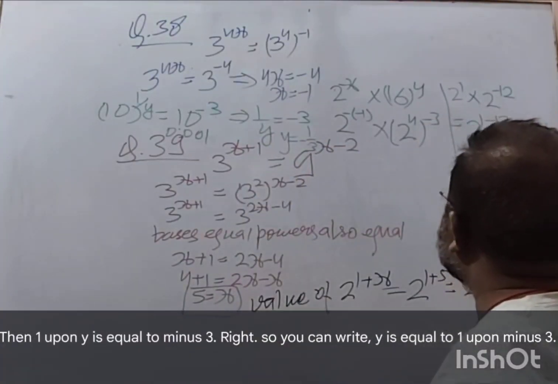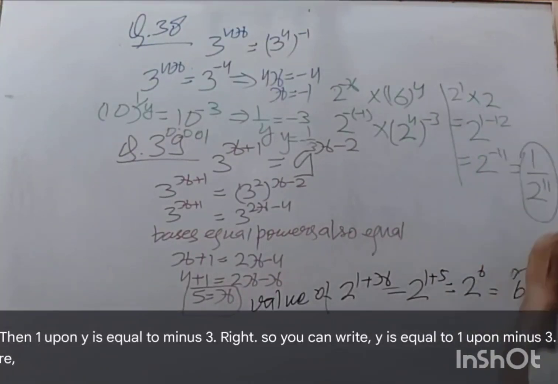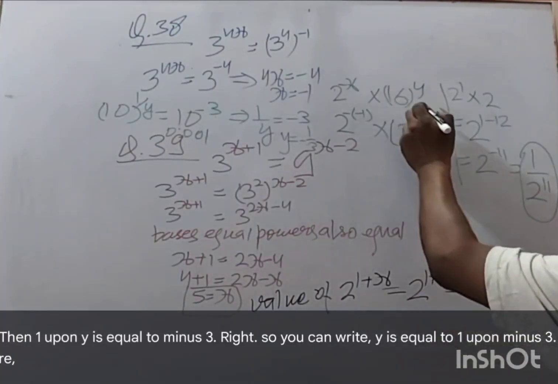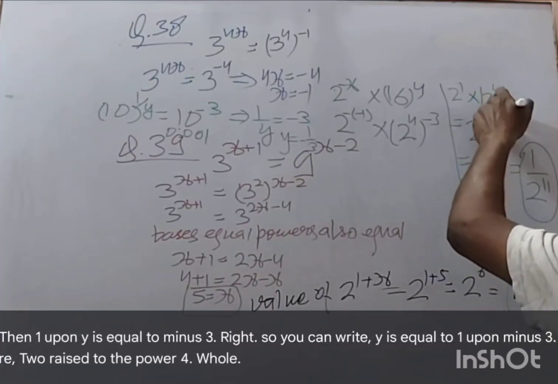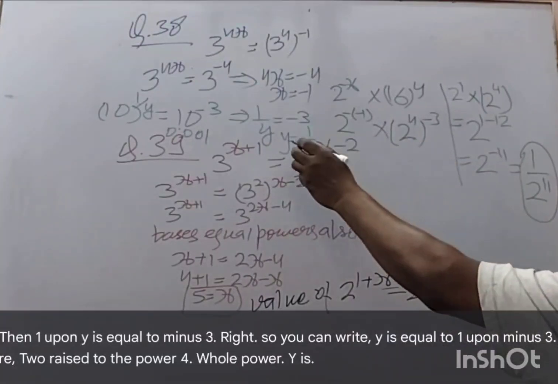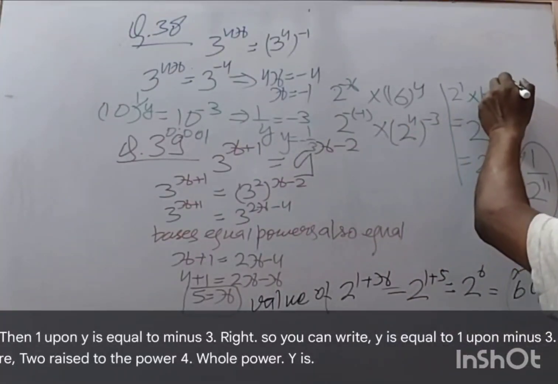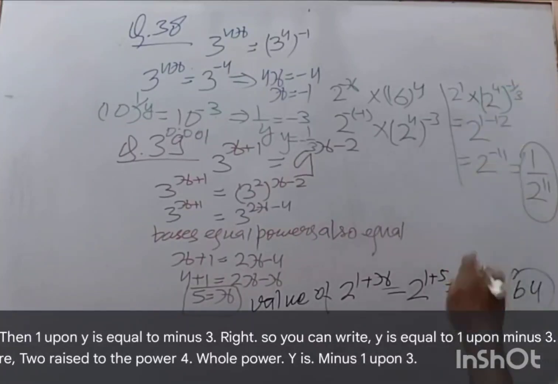So when you write here 2 raised to the power 4 whole power y, y is -1 upon 3.